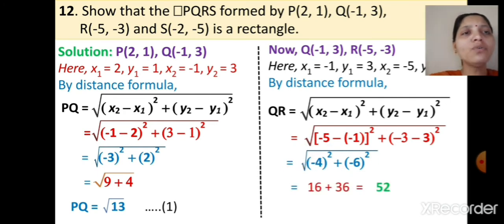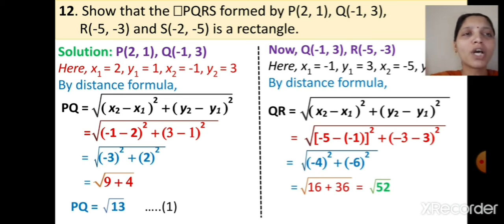That is equal to square root of 16 plus 36. We know that the square of any negative number is always a positive number. So 16 plus 36 is square root of 52.